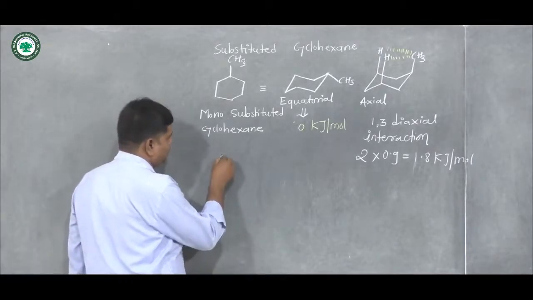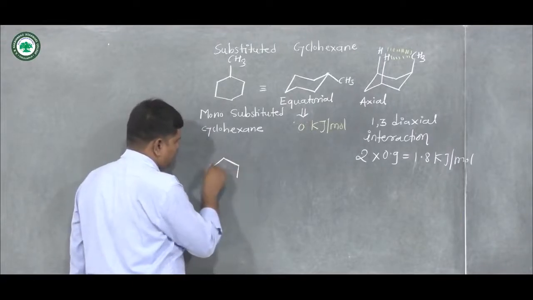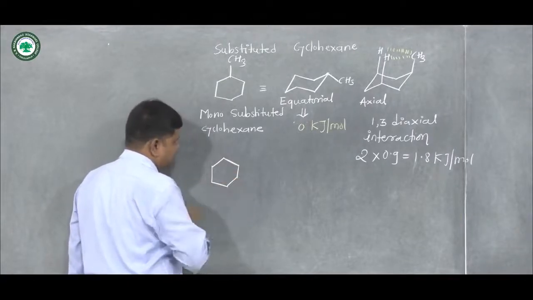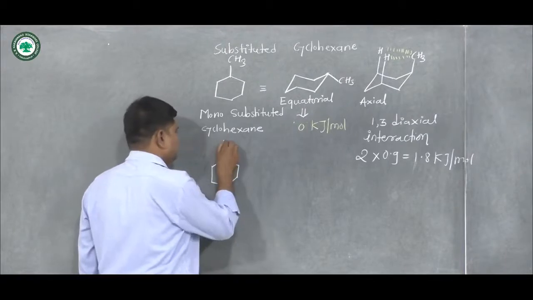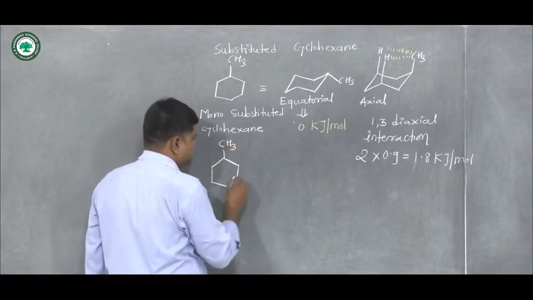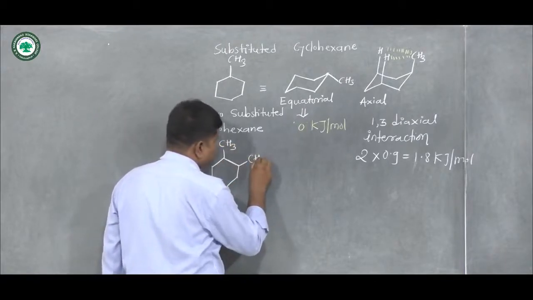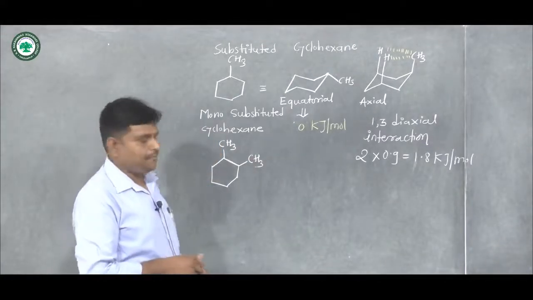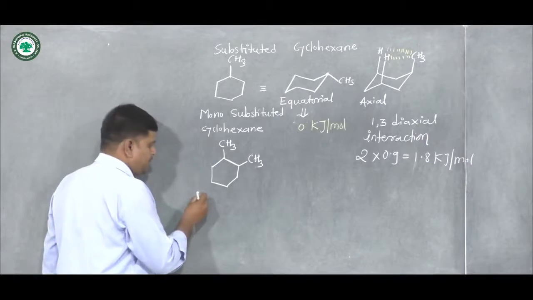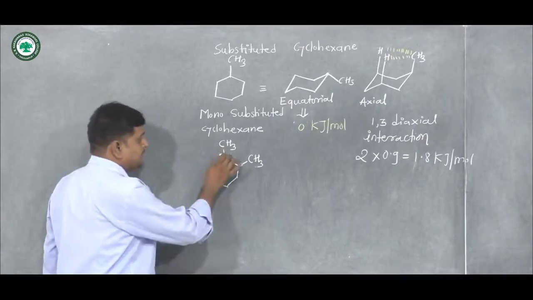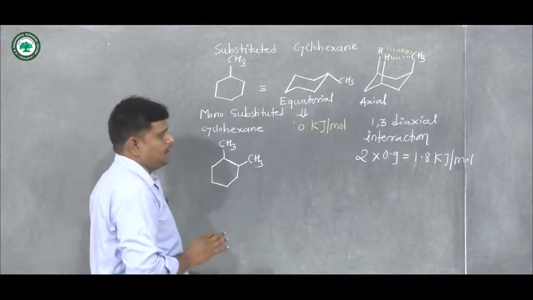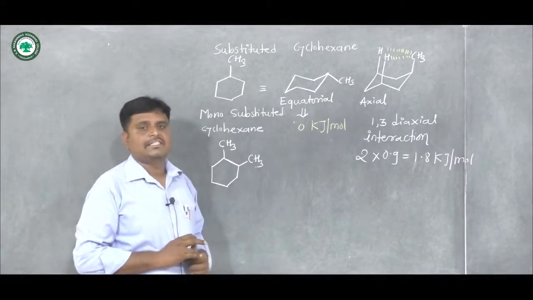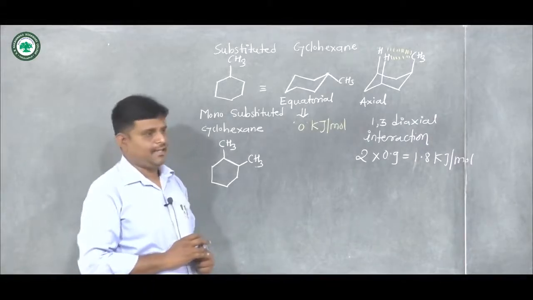Here we see the next type having two methyls. Suppose these two methyl groups are present on adjacent carbon atoms, so we write here the type of disubstituted cyclohexane.